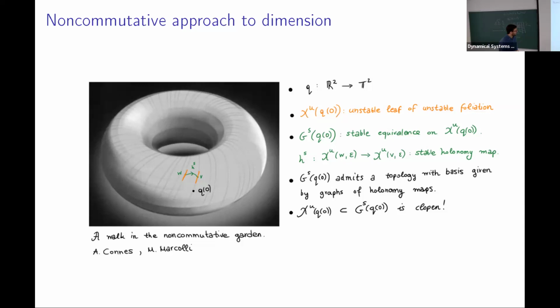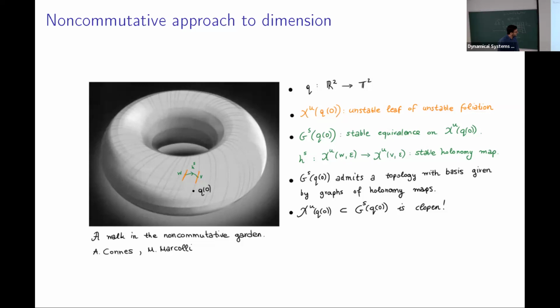And on here, now, you take a stable equivalence, restricted on this unstable leaf of 0. Stable equivalence means that the points, if you iterate the dynamics forward, will get closer and closer, even if they are restricted to some unstable set.